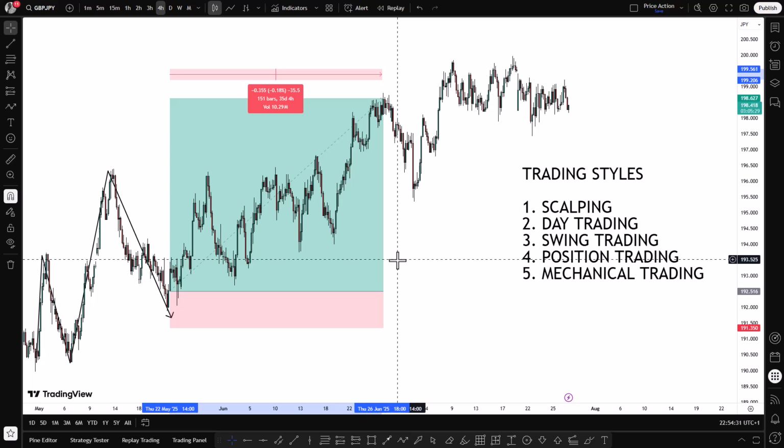So this might appeal to a trader who wants to get involved with trading on a part-time basis. He doesn't have the time to constantly look at the charts, place trades, manage them, and move stops to break even, because maybe he's a busy person with other businesses, a job to attend to, a family to fend for.